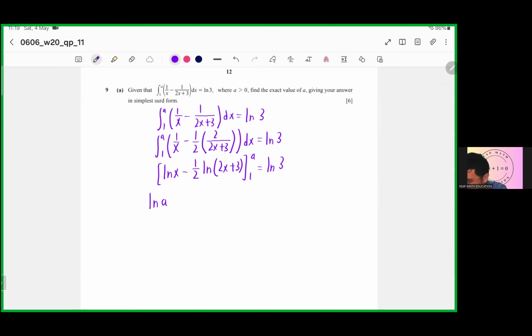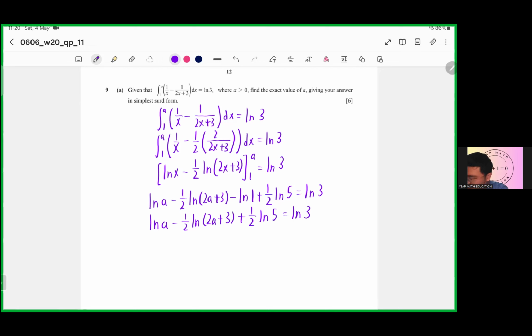So ln a minus 1 over 2 ln(2a plus 3), and then minus ln 1 and then plus 1 over 2 ln 5, because we get 1, equals ln 3. Because ln 1 is equal to 0, so we just find it again. So ln a minus 1 over 2 ln(2a plus 3), plus 1 over 2 ln 5 equals ln 3.